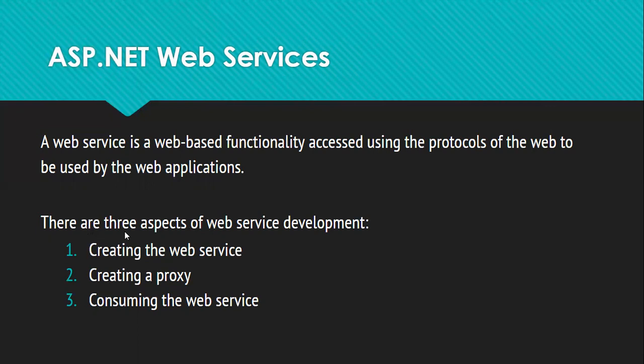There are three aspects of web service development. Very first is creating the web service, second is creating a proxy, and third is consuming the web service. Meaning first create it, second store it in the repository, and whenever anybody wants to use that web service, just search it, find it, and then use it, meaning consume that web service.